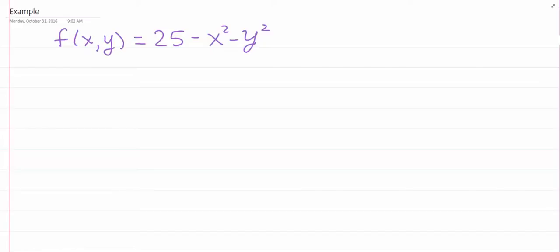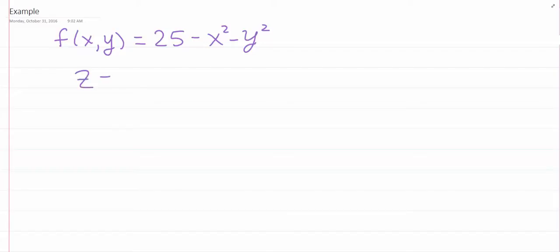And what we want is the volume bounded above by this, in, let's say, the first octant. Okay? Now, I'm going to do this without polar at first. I'm going to set it up without polar and show you the power of polar, or how polar helps to make your life easier.